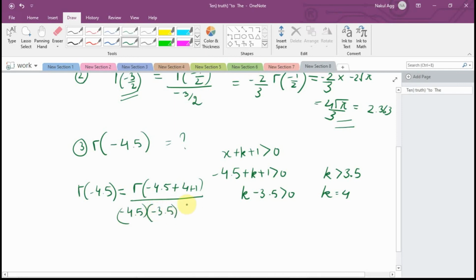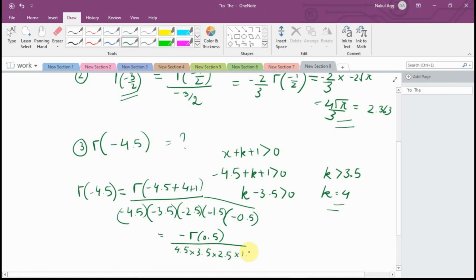Minus 3.5, minus 2.5, minus 1.5, and then finally minus 4.5 plus 4, which gives minus 0.5. So this is equal to gamma of 0.5 divided by, with a minus sign, 4.5 into 3.5 into 2.5 into 1.5 into 0.5.